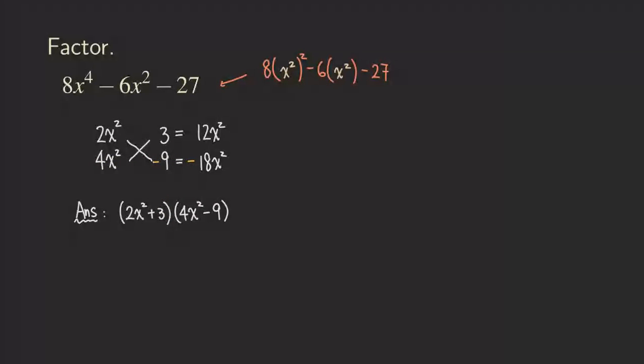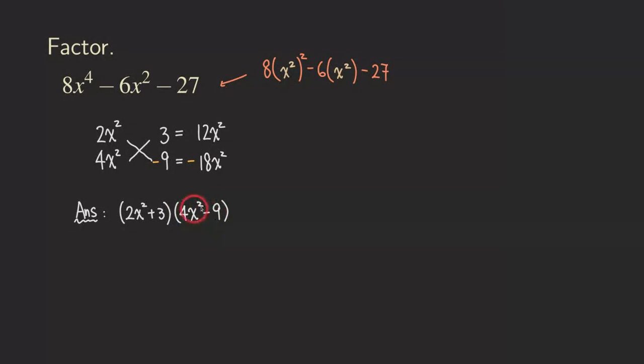So we factor that. Now, this problem is not finished because for this kind of expression right here, you're still going to get a quadratic expression, which may be factored further. In this case, you can see that this is actually the difference of 2 squares.